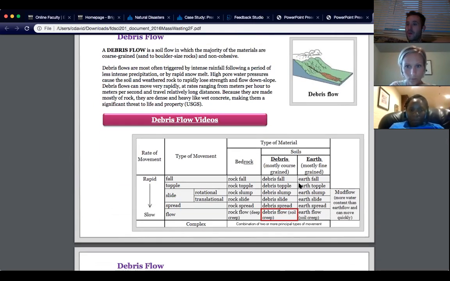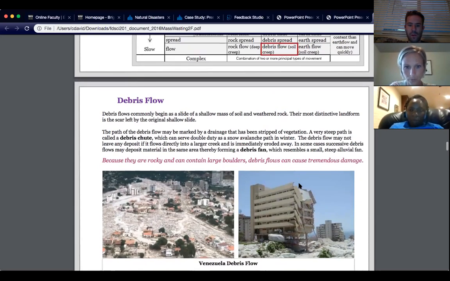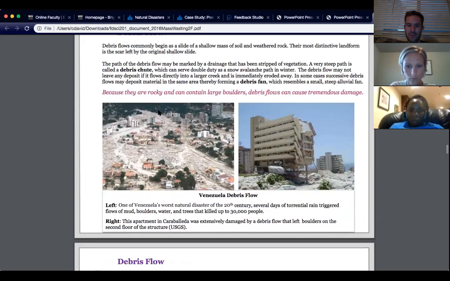And then debris flows, which you talked about with Thistle. So here's a debris flow, and you can see it looks very different, right? It almost looks like a river of debris and mud flowing in. Yeah. That's why we call it a flow.